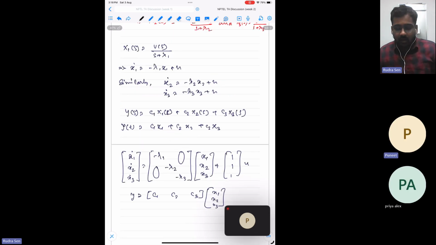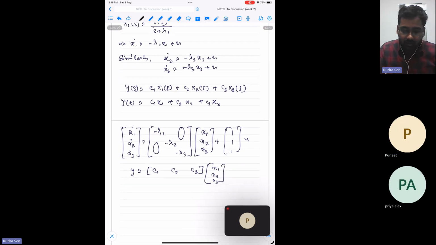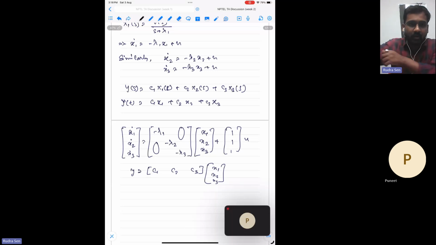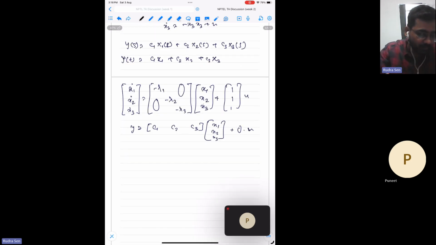Since, as you see, the transfer function is a strictly proper transfer function, we will never get a value for the D term. So D is basically 0 here, right?